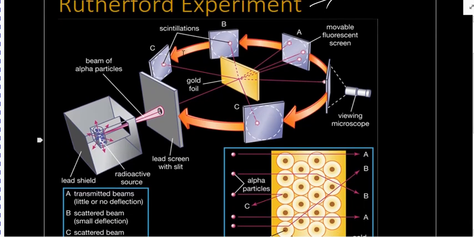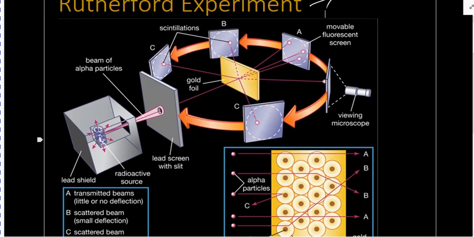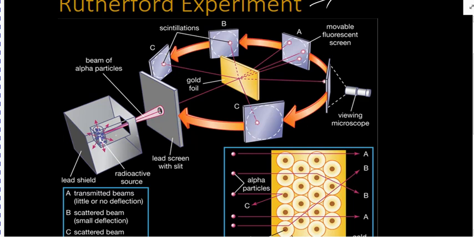He conducted an experiment that helped him to discover that an atom has a central core, the nucleus, where the mass of the atom is concentrated. So how did he do that? As you can see in this setup, he set up a system where he bombarded a thin gold foil with alpha particles.